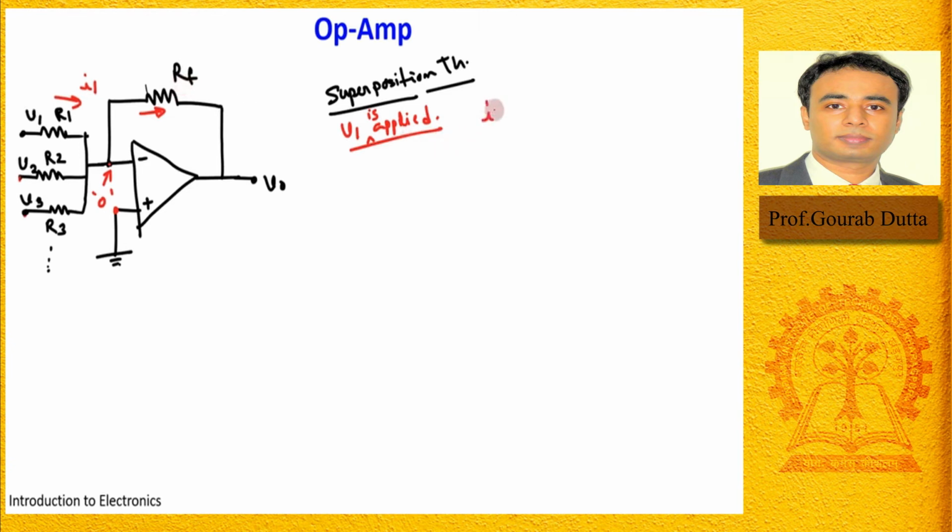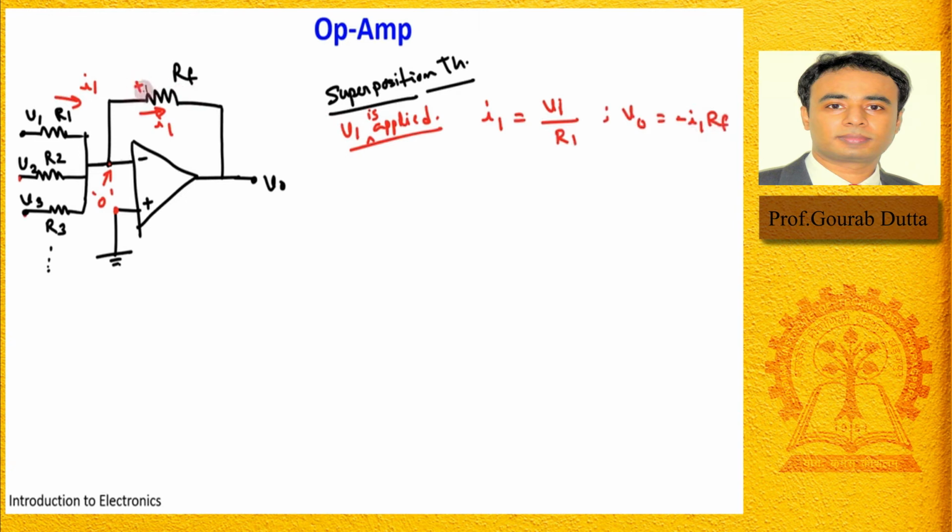Okay, then in that case, what is the value of this I1? I1 is nothing but V1 by R1, right? Then what is the value of V output in that case? V output is nothing but minus I1 into RF. Why minus?